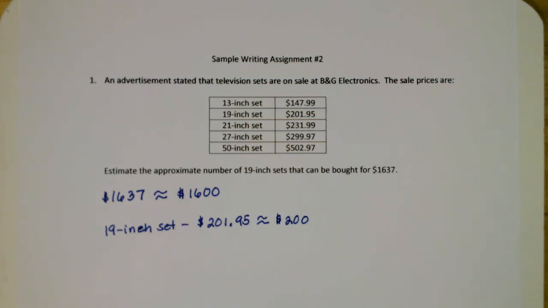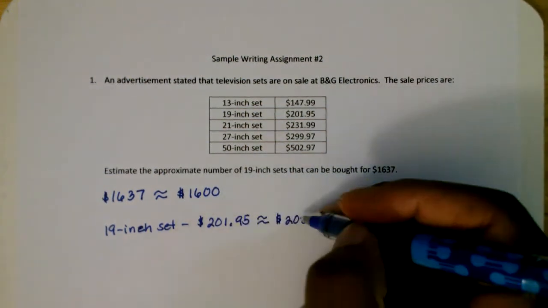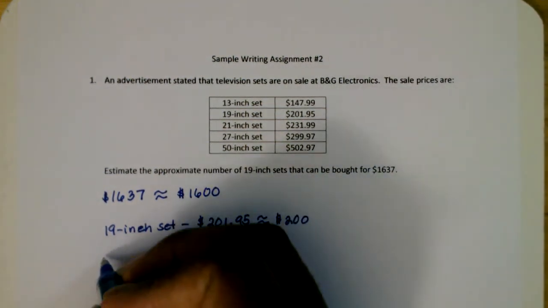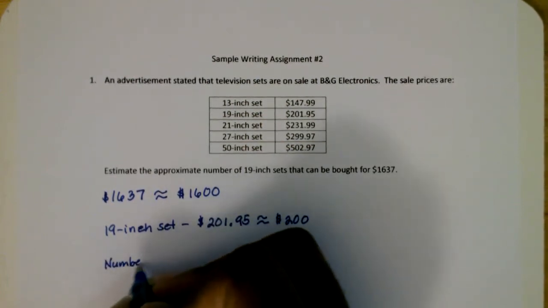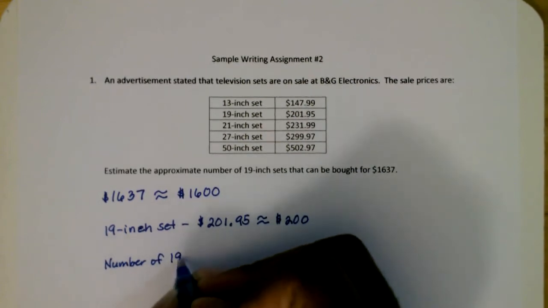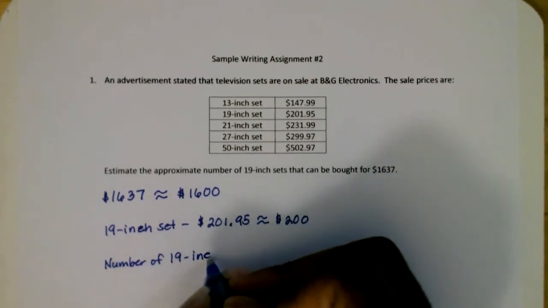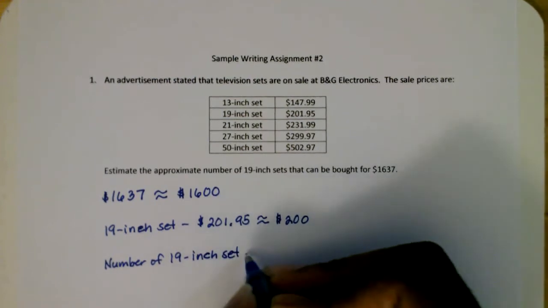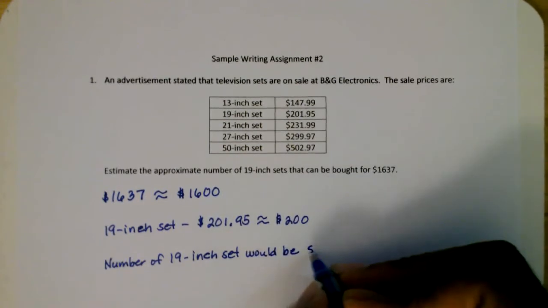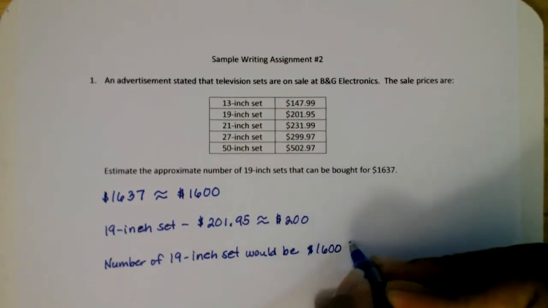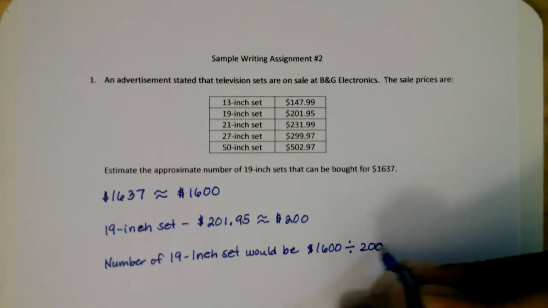And then we can estimate how many 19-inch sets can be bought. In this case, I'll just divide this estimate by that estimate. The number of 19-inch sets would be this: take the $1,600, that's the estimate, divide that by the $200.